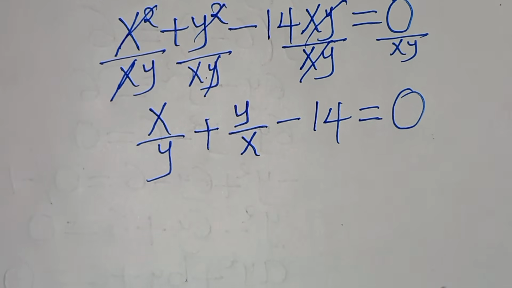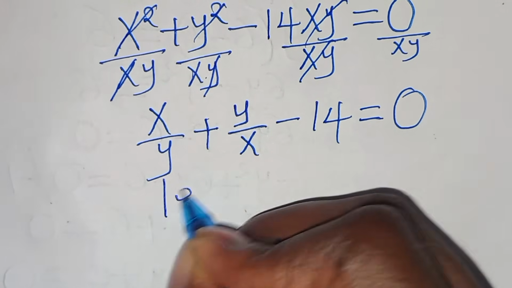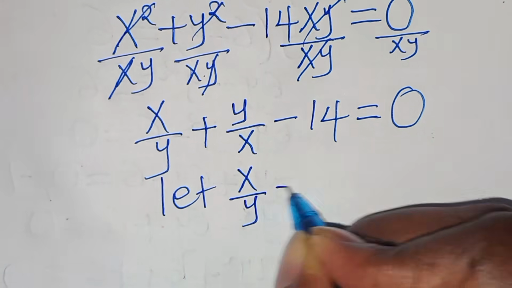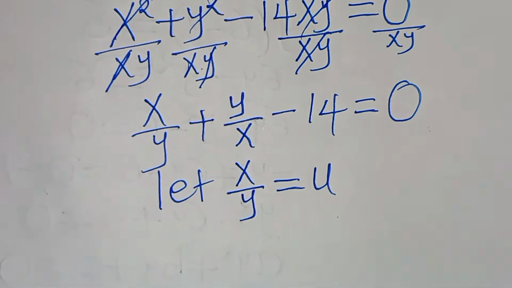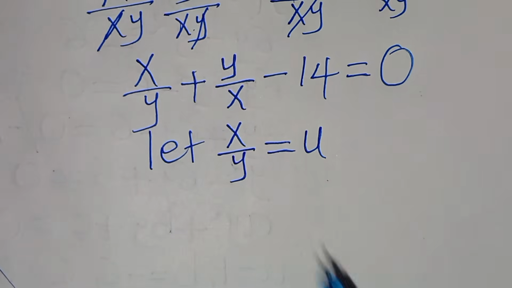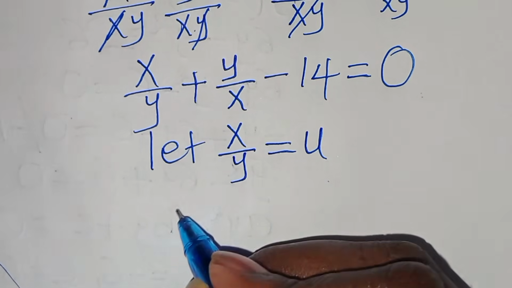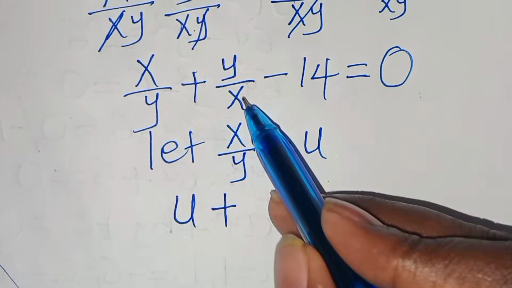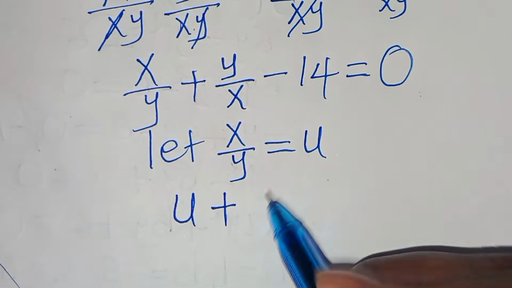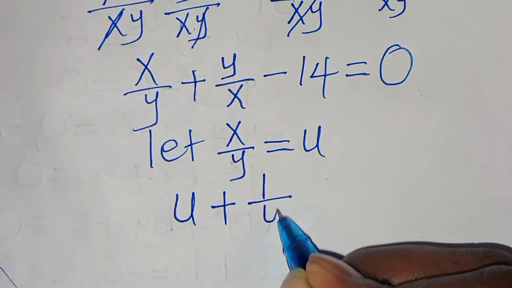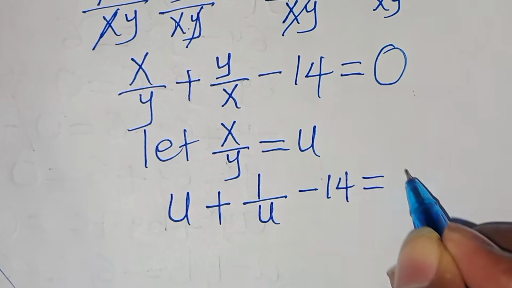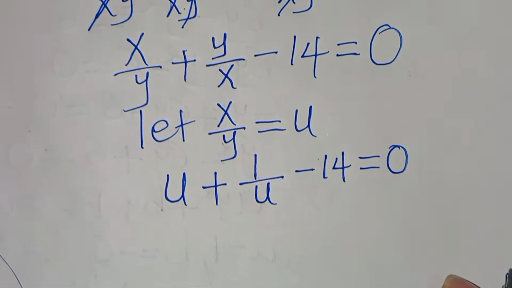Now, the next step from here, we let x over y be equal to u. So let's substitute u, so that we have u plus, now y over x is the reciprocal of this, so we can write this as 1 over u, subtract 14. This is equal to 0.